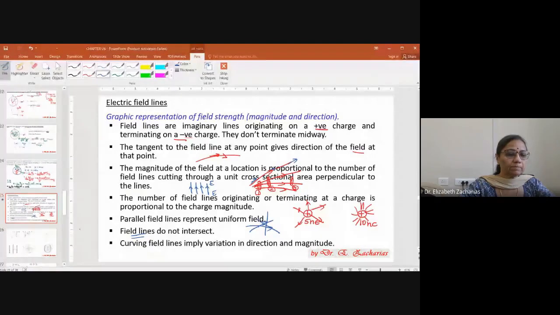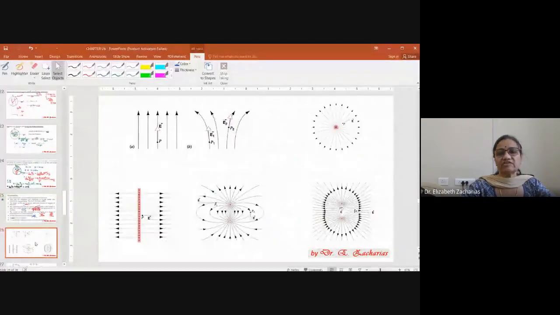So here, as an example, we have shown some figures. What is this first figure telling you? What kind of a field distribution is this? What do you see here? Uniform field. Parallel. Yeah. And then the next one. Next one, field lines are diverging out.